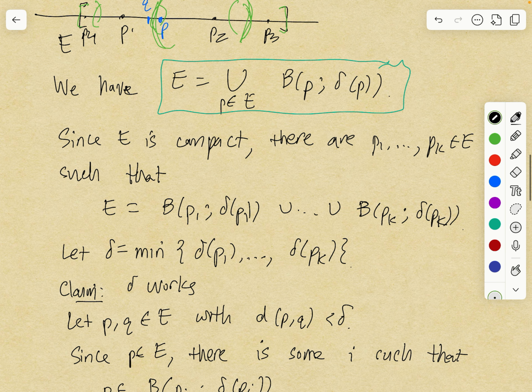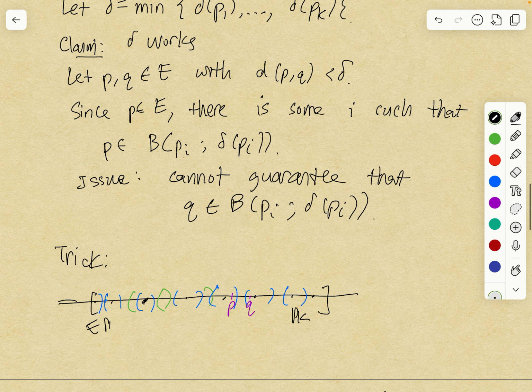So the trick was to replace those open balls by open balls of half the radius. So you go back to the open infinite cover, you change the radii, and then you take that infinite open cover, and by compactness you get a finite subcover of that. And then when you do that, and you take delta now to be the minimum of the smaller radii, then it works.